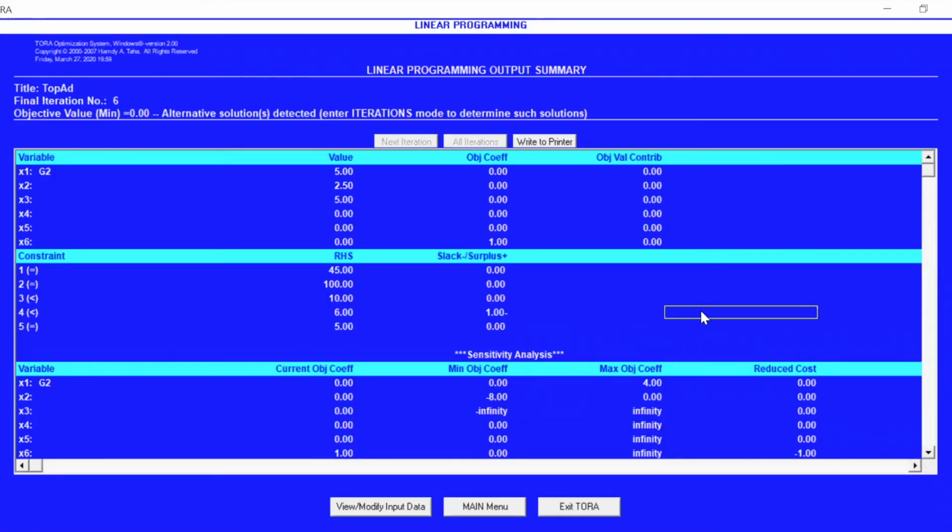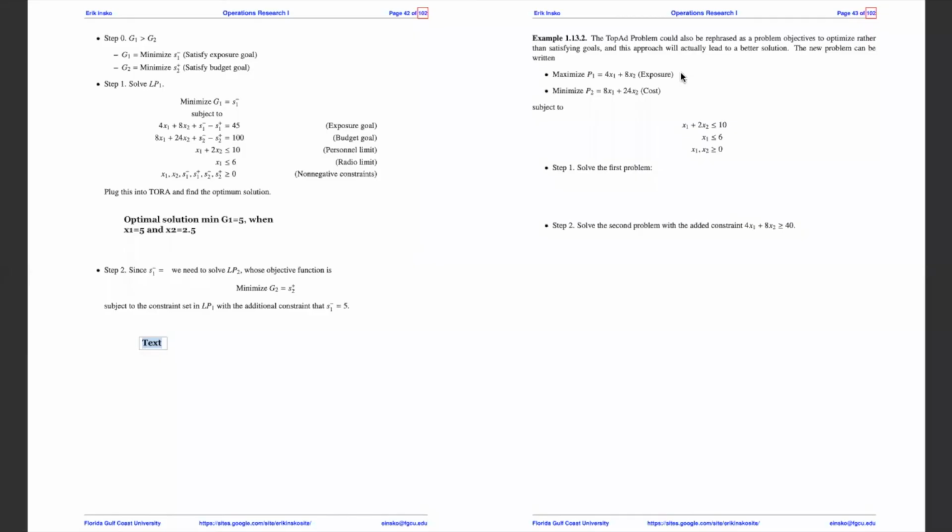And here is our solution. As you can see, the minimum value of G2 is 0, which means that we're still staying at the same 5 minutes of radio and 2.5 minutes of TV. I'm just going to type the optimal solution and explain it to you.